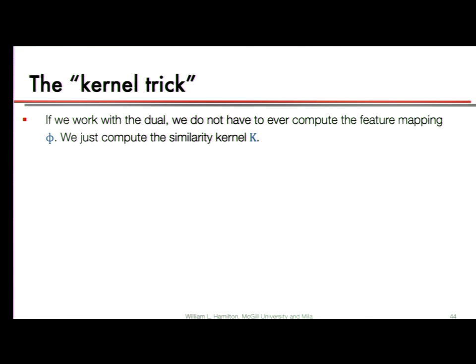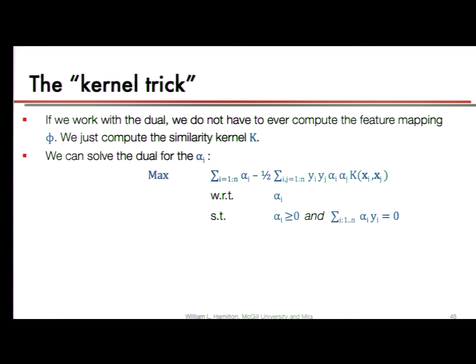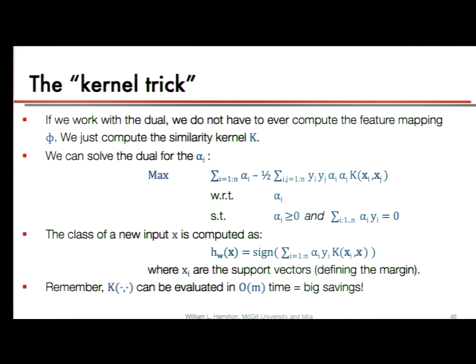We work in this dual space, and why we went through all of that work is because this allows us to use the kernel trick. This allows us to not actually have to take really complicated feature expansions of our data. It allows us to implicitly work with high-dimensional feature spaces just by defining clever kernels.